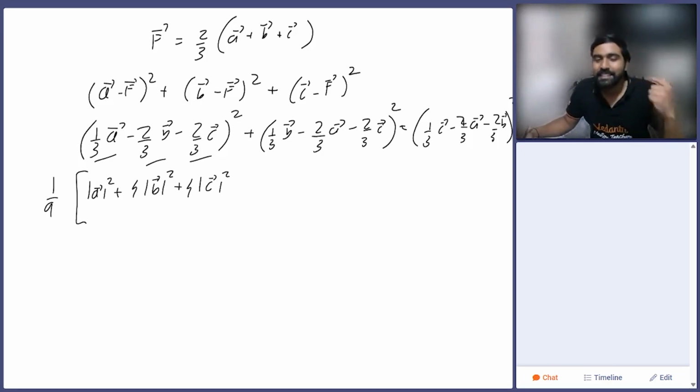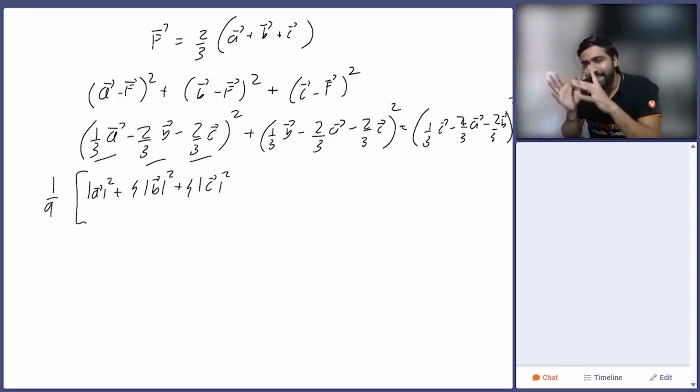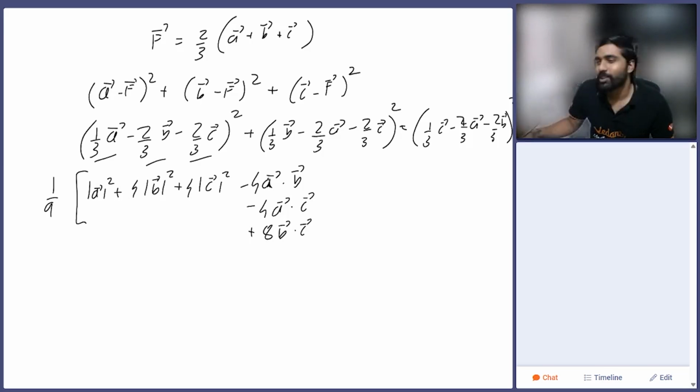These cross terms repeat in all three combinations, hence they get cancelled out. One term will be minus 4 A dot B, then minus 4 A dot C, and then plus 8 times B dot C. Similarly, in the second case, what will I get?